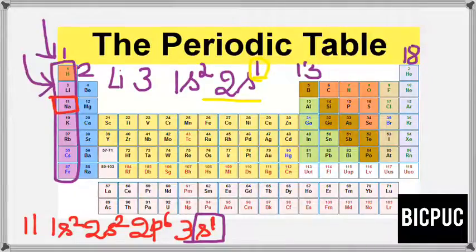So the general electronic configuration that we can write for all the elements of group 1 is ns1.